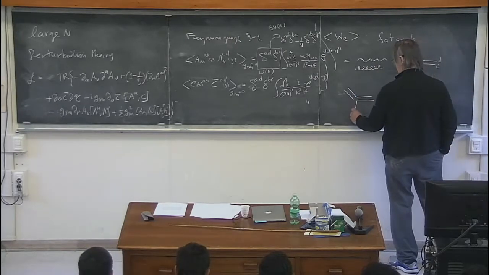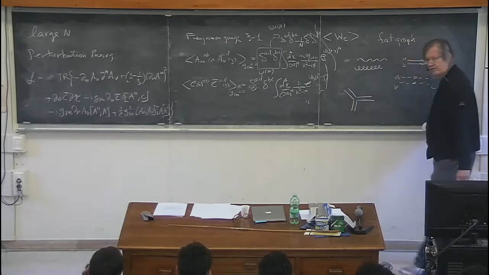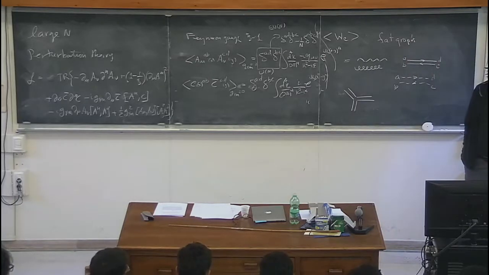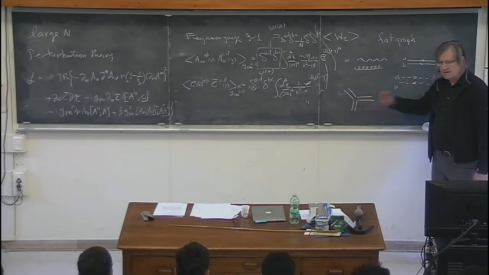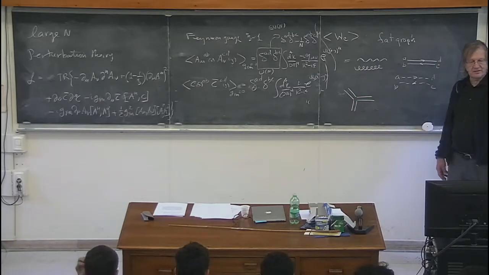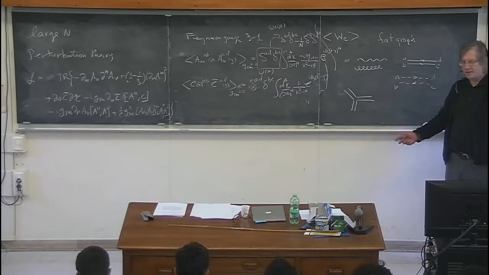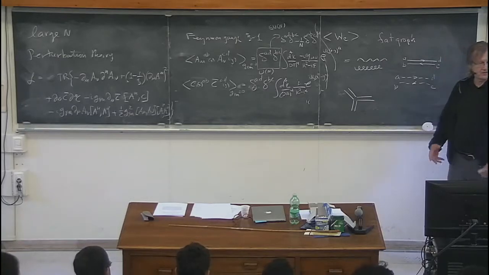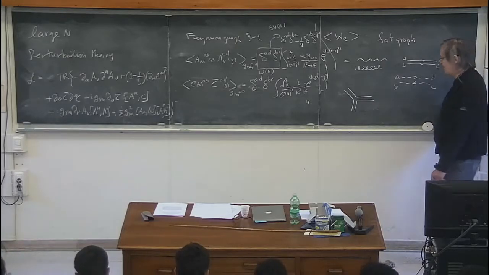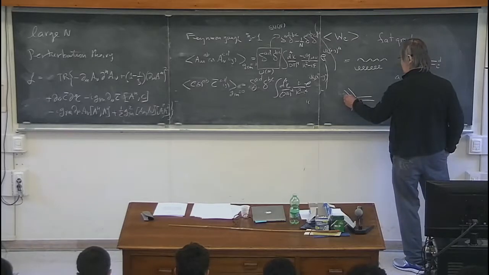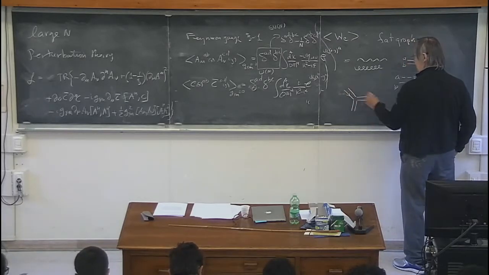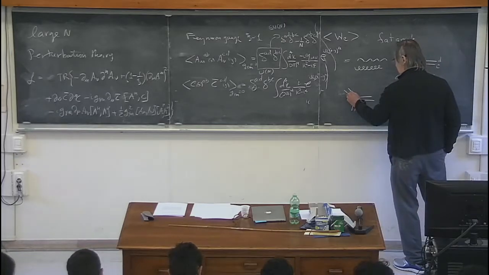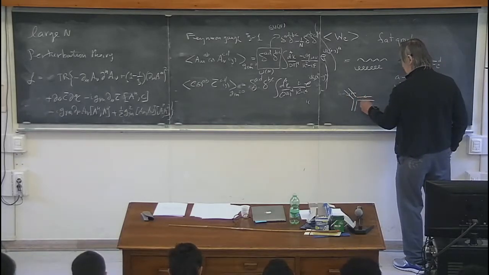For example, being a trace of a product of three matrices, the 3-point vertices will all have this structure. There are some things that are suppressed here, like derivatives of the fields that appear there, and so on. Also, there are several permutations of the same thing. But as the indices of the matrices of the fields go on these external lines, the lines are always oriented so they're opposite to each other, like this.